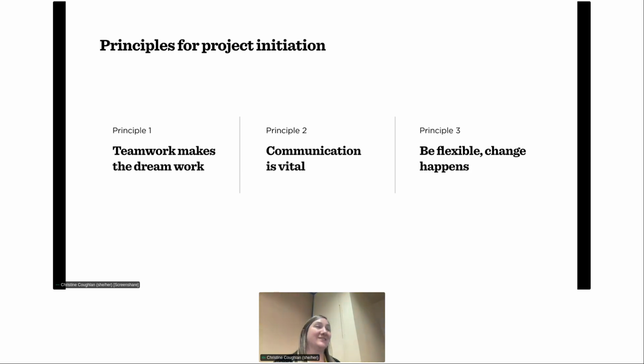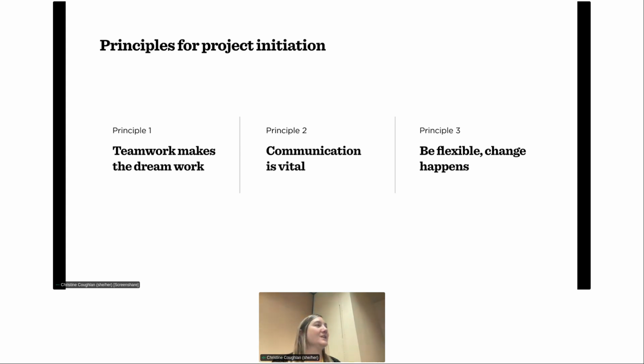Which really brings me into the third principle, which is be flexible. Change happens. Like I just said, decisions might be made, but when you see that in real life, sometimes you change your mind again. It honestly happens all the time. There's no way to get around it. Let's be honest. Change is the only constant on projects.